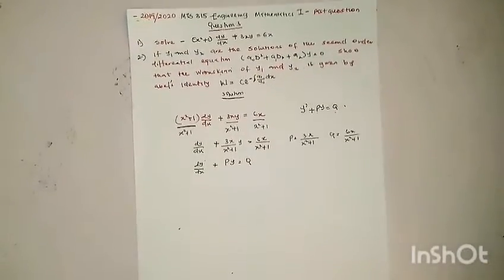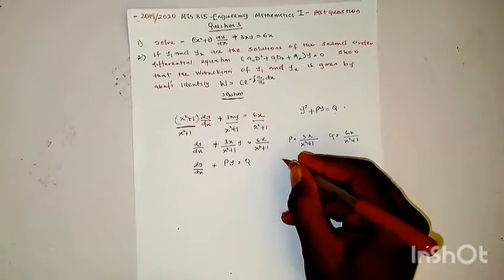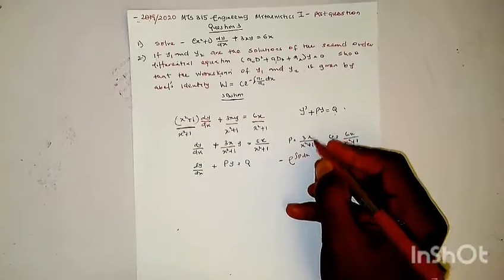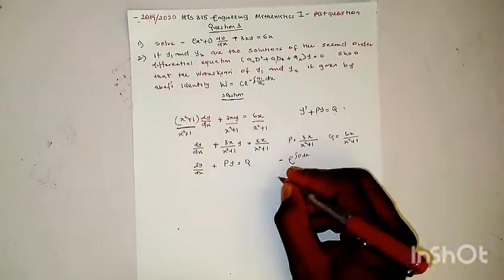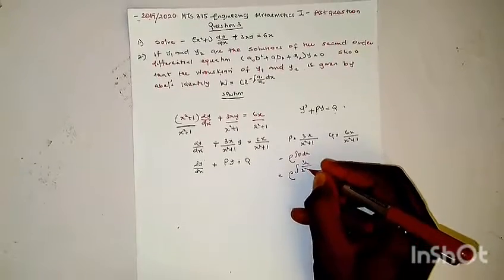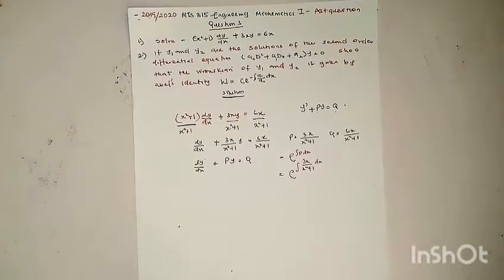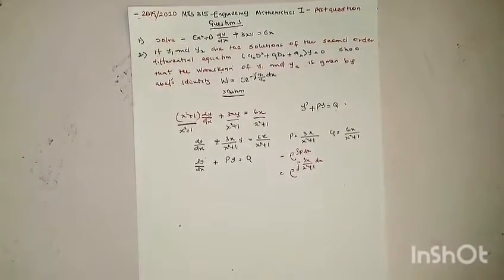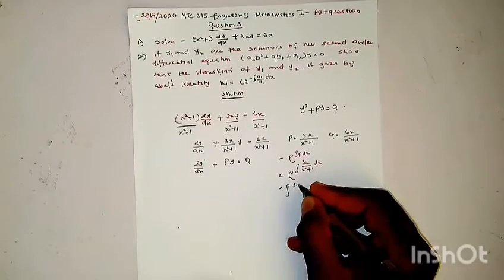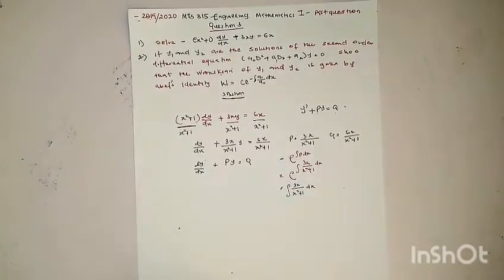integrating factor, right? So we all know that my integrating factor is the exponential of the integral of p dx. We said my p is 3x over x squared plus 1. So this is basically exponential of the integral of 3x over x squared plus 1 dx. So now integrating, I can write this as the integral of 3x over x squared plus 1 dx.